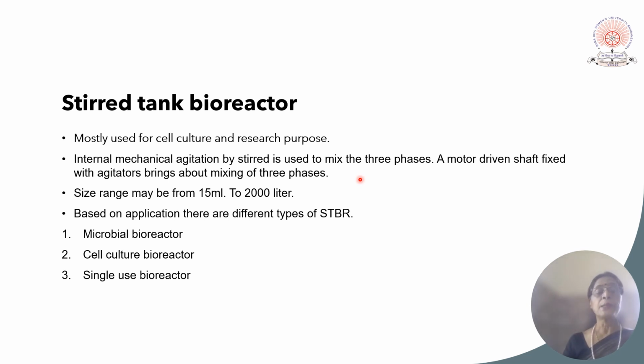For this proper mixing in a stir tank bioreactor, there is a motor driven shaft fixed with the agitators or impellers, and when this rotates, all the three phases get mixed up. There are different types of stir tank bioreactor: microbial bioreactor, cell culture bioreactor, and a single use bioreactor.